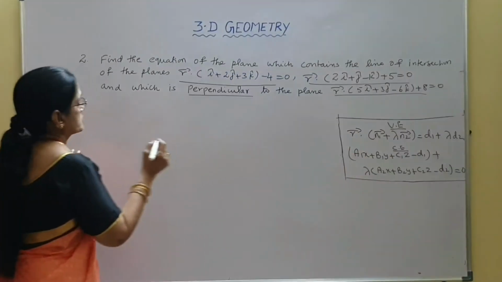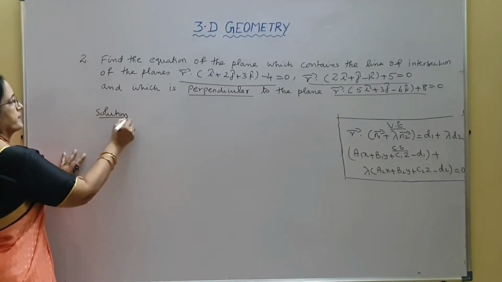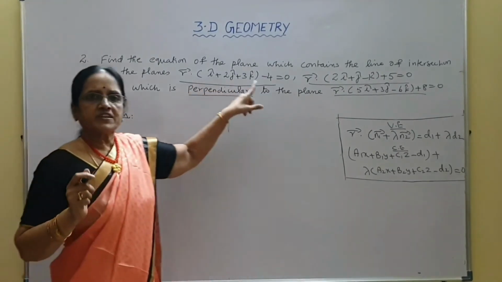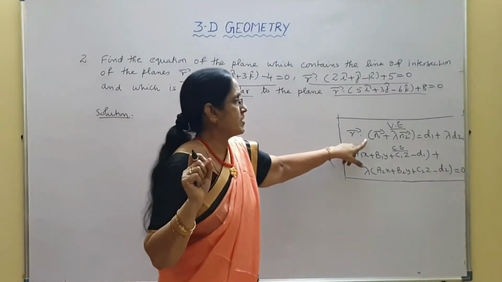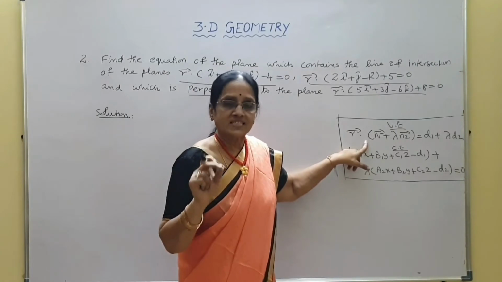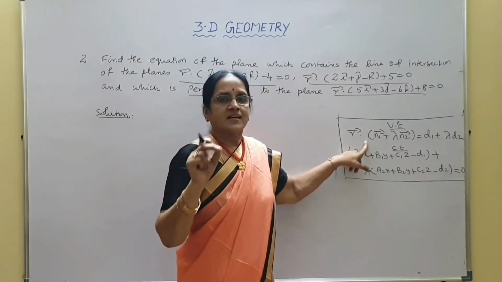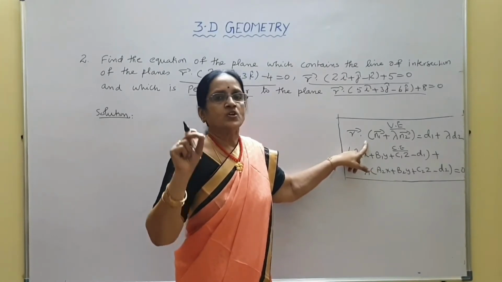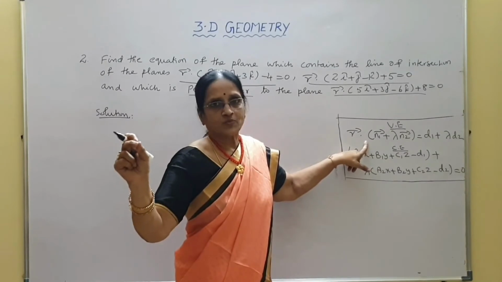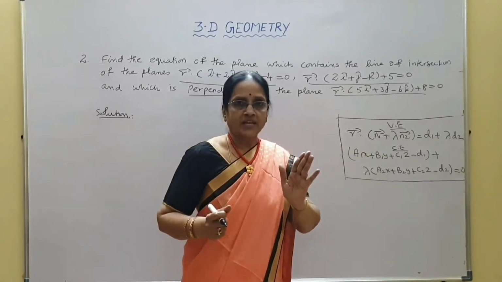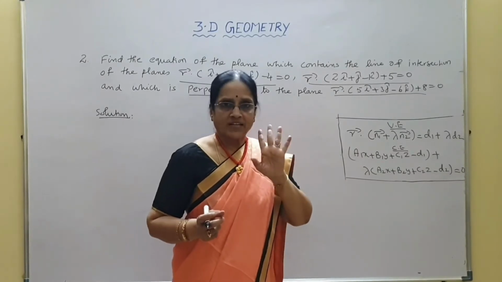Let's do this. Solution. Since the equations are given in vector form, immediately this equation of the plane should come to your mind, which is nothing but r vector dot (n1 vector plus lambda times n2 vector) is equal to d1 plus lambda times d2, which is the vector equation of the plane passing through the line of intersection of two given planes.